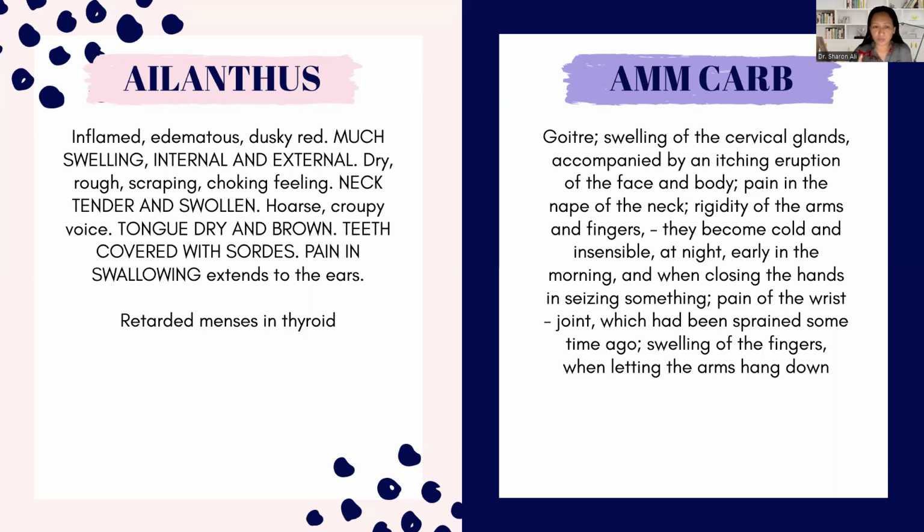But here, for you to remember, this patient is going to be with goiter, with swelling of the cervical glands. They'll be itching on the outer part of the neck. They'll be scratching like this. Okay? And they have the stiffness, rigidity of the fingers. So these are all symptoms of thyroid, but you give it to a patient who also covers the constitution of ammonium carb.